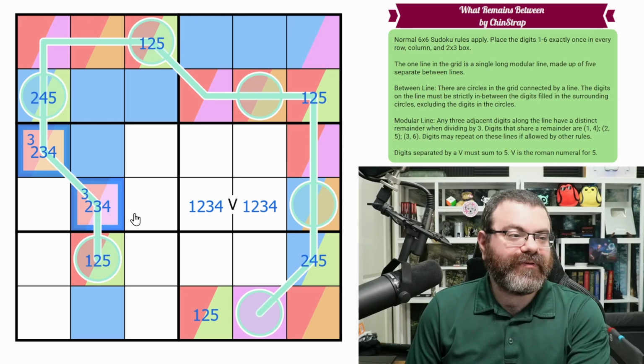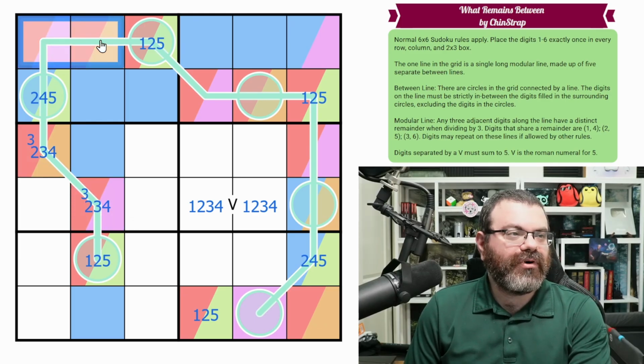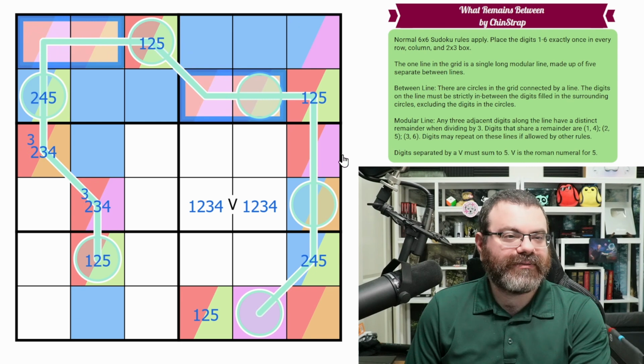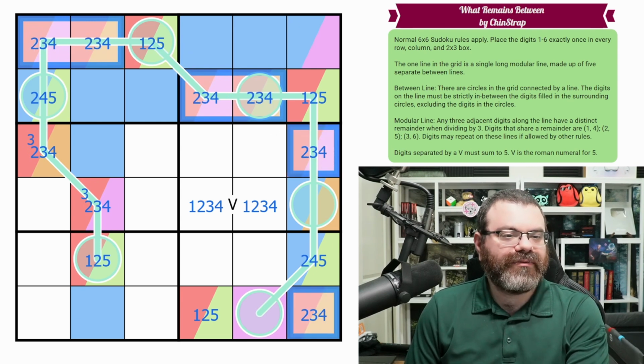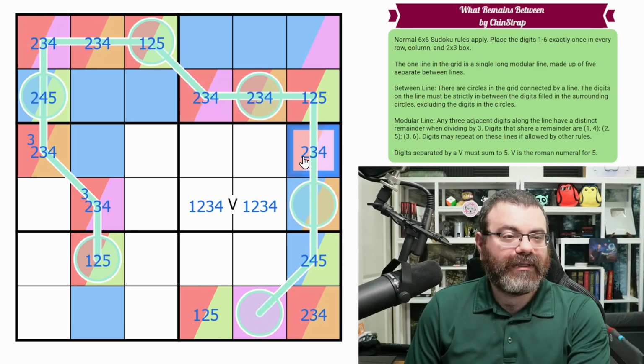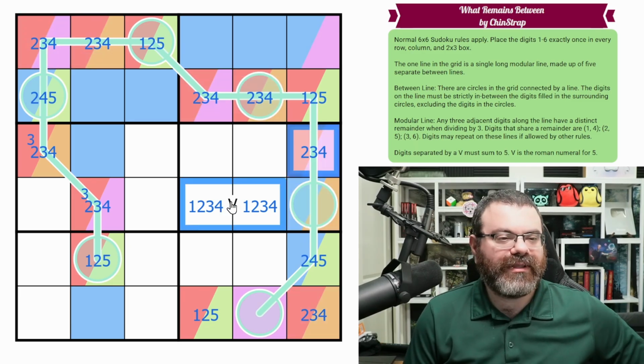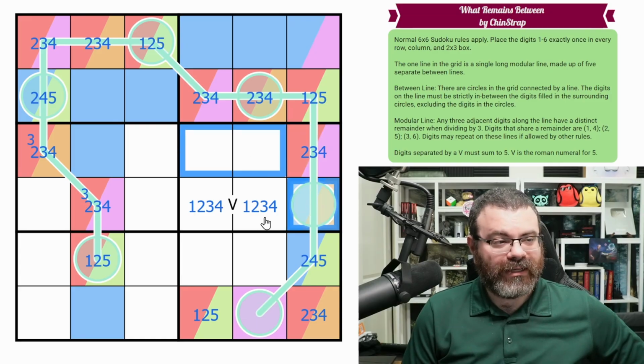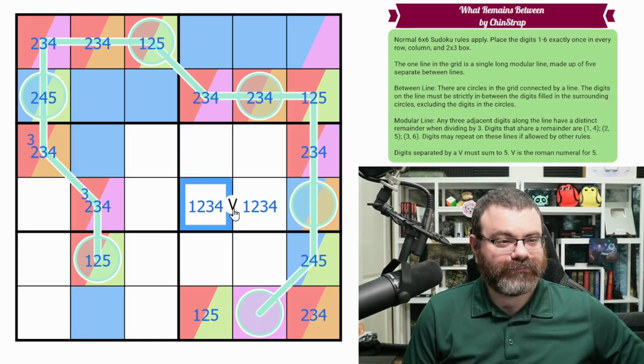So these are from 2, 3, 4, and there's always a 3 involved. So all of our reds that are purple or orange are from 2, 3, 4 only. That joins this. We only have 1, 2, 3, 4 left here. Same thing for this row.